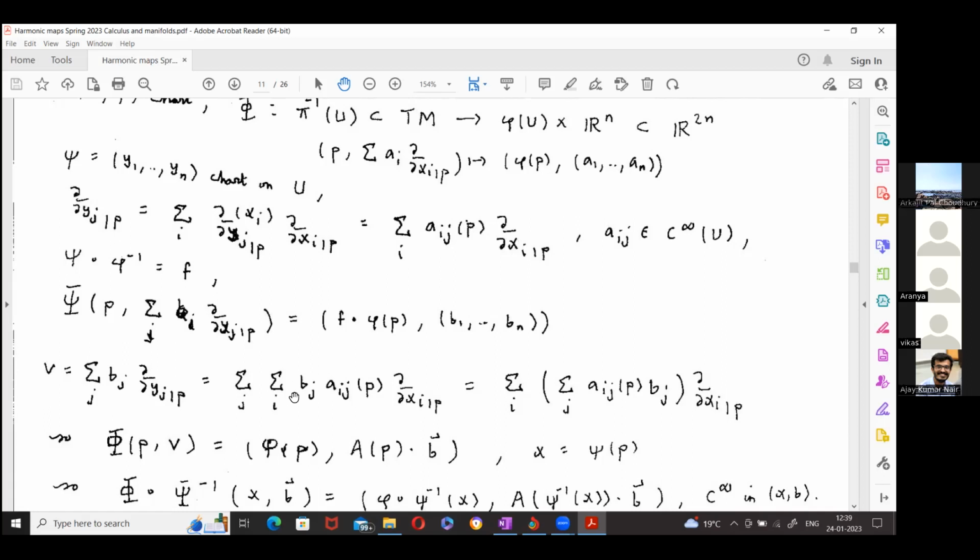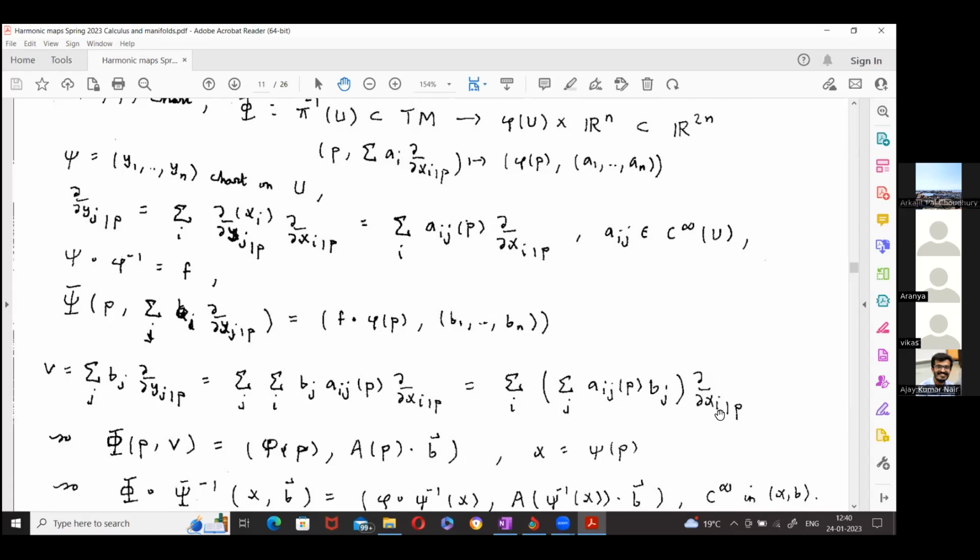It's the sum over i of aij(p) ∂/∂xi at p. So I substitute that here. So I get a sum over j, sum over i, bj aij(p) ∂/∂xi at p. Now I interchange the order of summation. I take the i outside. So this becomes a sum over i, and inside I get a sum over j of aij(p) times bj, times ∂/∂xi at p.